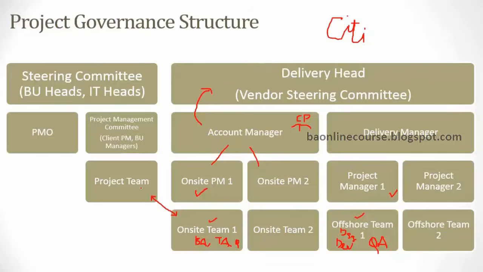So typically, if the client has any problem with the team, they would inform the project manager. If this person has not responded, they will go to the account manager. If the account manager has also not given a satisfactory solution, the final escalation would be to the delivery heads. Right?